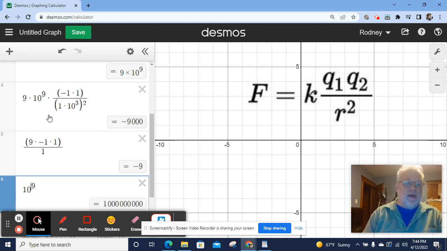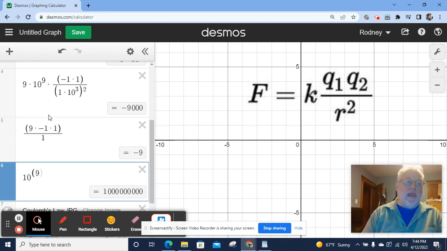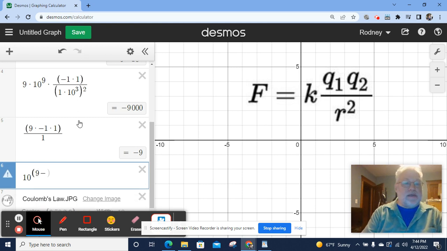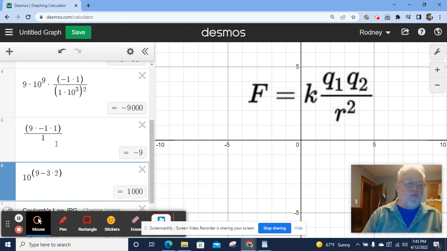Then we deal with our powers, which is 10 to the ninth. And then I'm going to go ahead and take us through the powers. This is times 10 to the 0, so I don't really care about that. But I am dividing by 10 to the third to the second. So that's going to be minus, since it's dividing, 3 times 2. Because when I raise a power to a power, I multiply the powers.